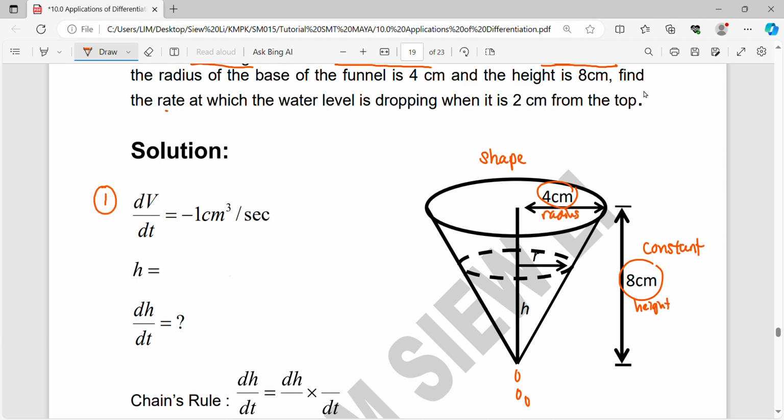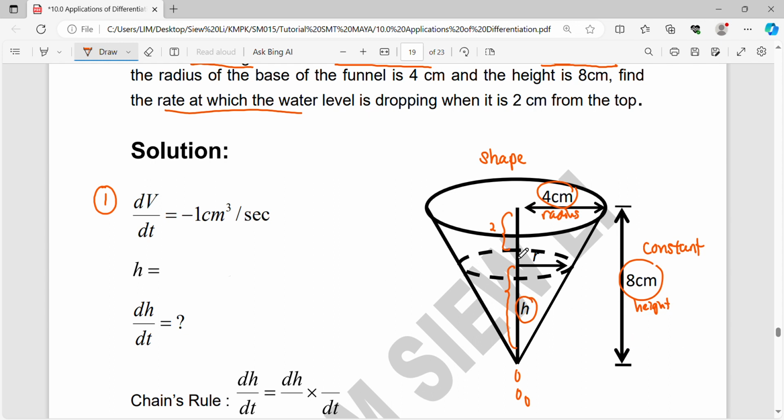Find the rate of the water level. So your changing variable here is your water level, which is H. At the rate at which your water level is dropping when it is 2 cm from the top. So 2 cm from the top means you're changing at H. So total height is 8.